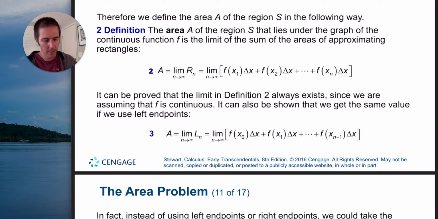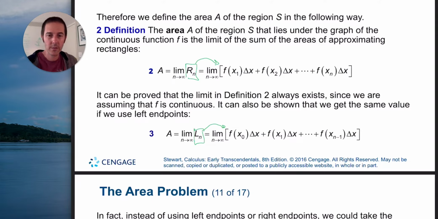We're applying those ideas to the right estimate and the left estimate. So conceptually, you're familiar with what's going on in these two equations so far. The right estimate is all of the stuff that's inside of these square brackets, and the left estimate is what's inside of these square brackets.